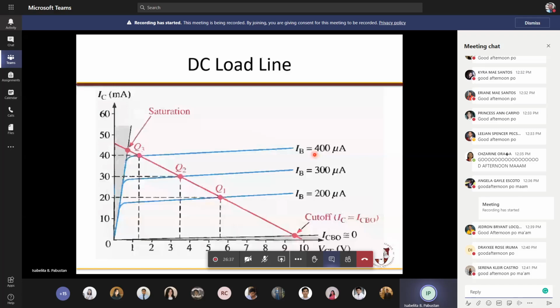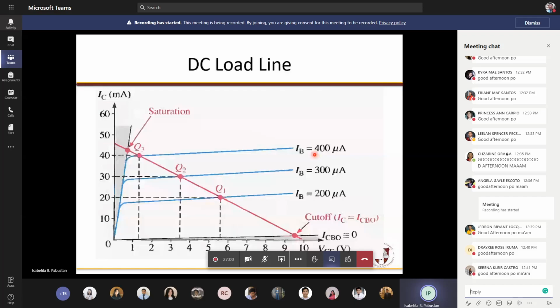These are different Q points. You have Q1, you have Q2, and you have Q3. You will decide which one will give you the linear operation of your transistor, di ba? For linear operation, ito yon. Dapat walang nagki-clip.